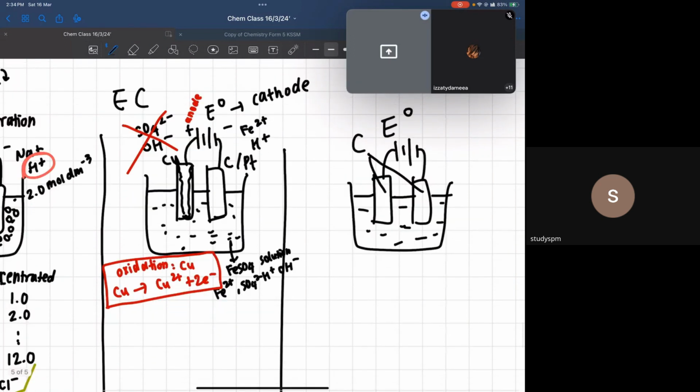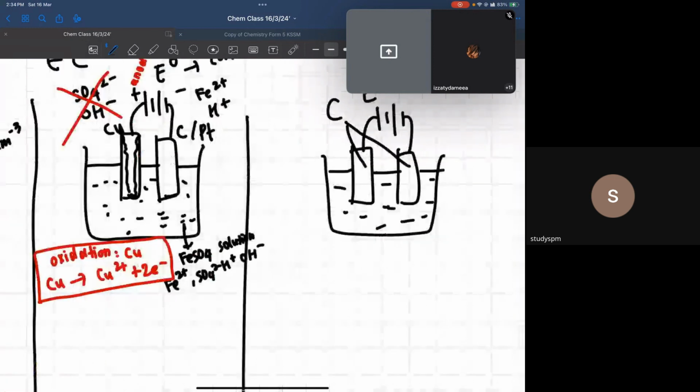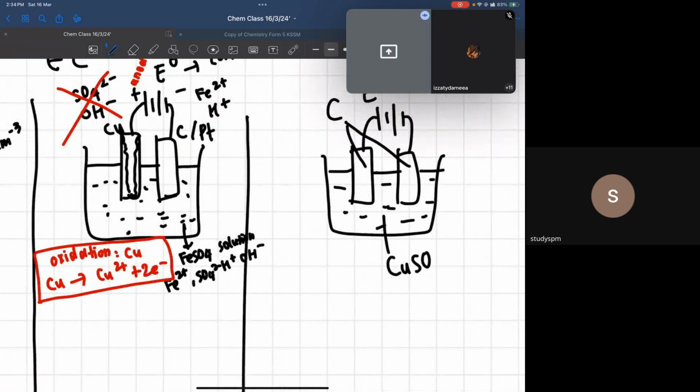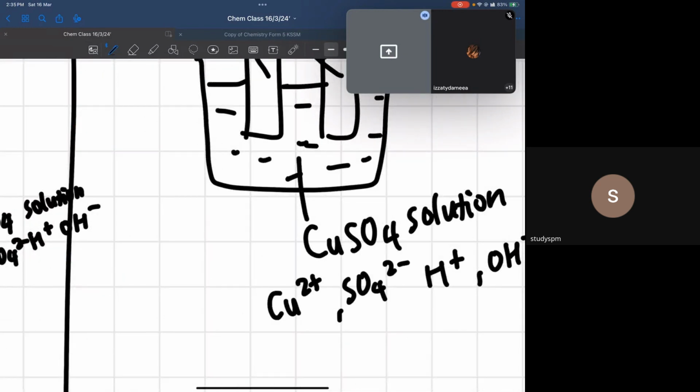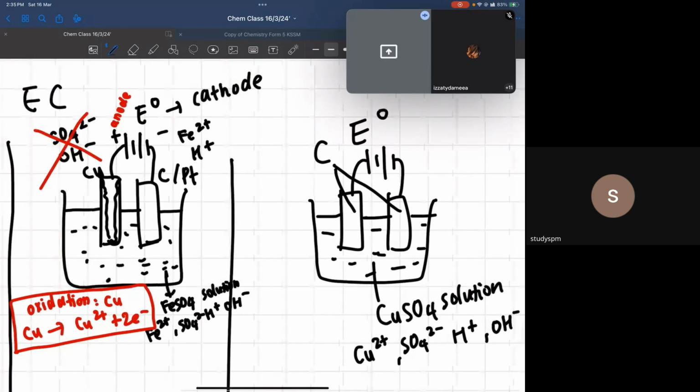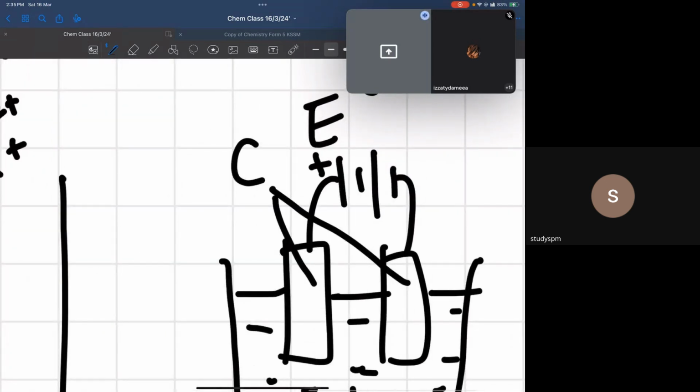What solution? Copper sulfate lah. Okay, we know solution has hydrogen ion, hydroxide ion, copper 2 ion, sulfate ion kan. Long one positive, short one negative.